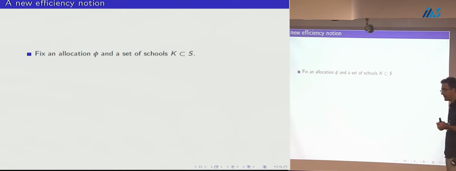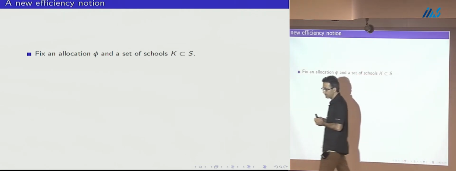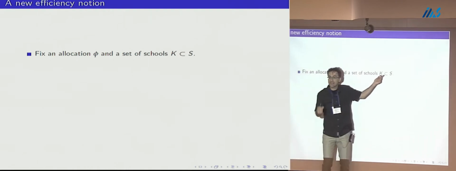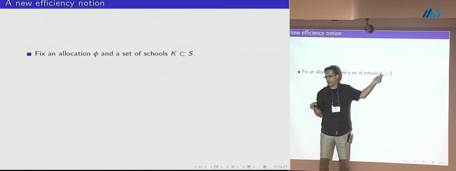That is, there is no mechanism that is dominant strategy incentive compatible for students, that is Pareto efficient, and that also assigns schools to students with equal probability, to students with the same messages. So given that, I am going to relax my efficiency notion. Since I cannot achieve the efficient allocation of the full set of schools, I am going to try to allocate a subset of schools efficiently.